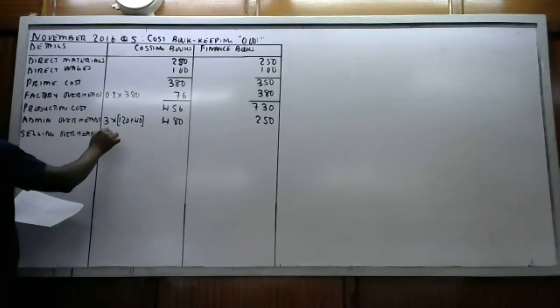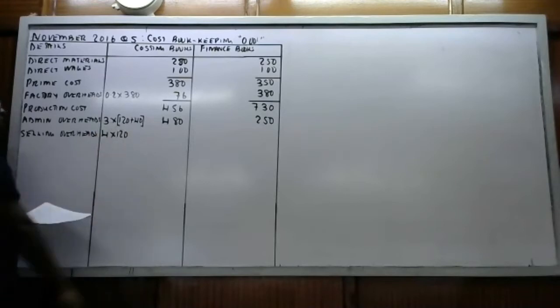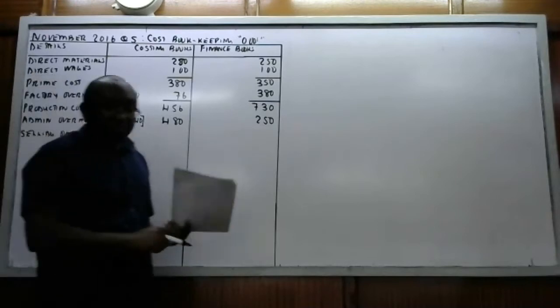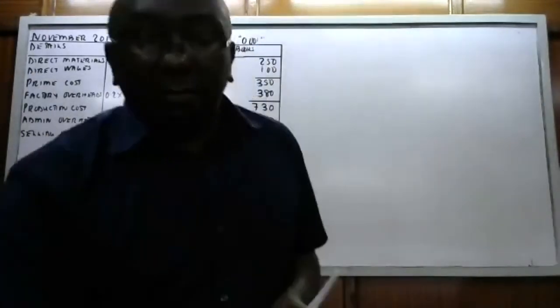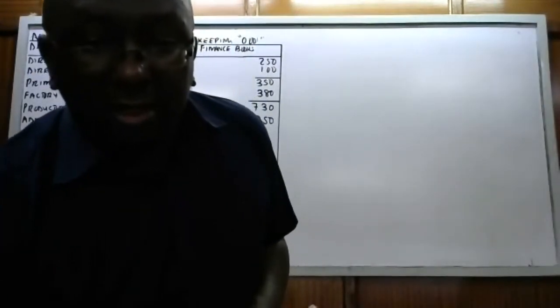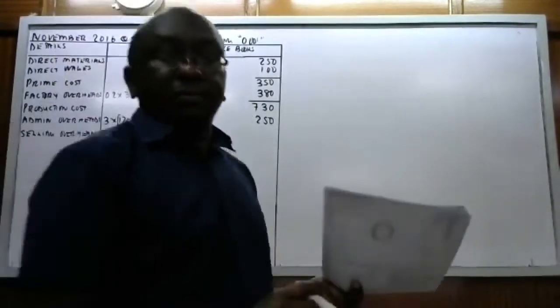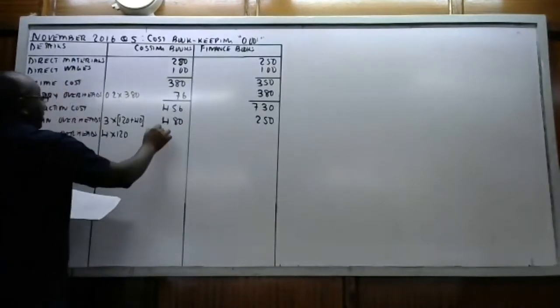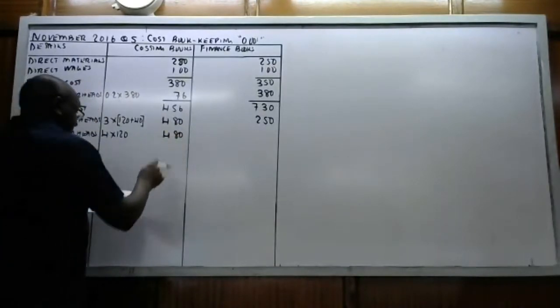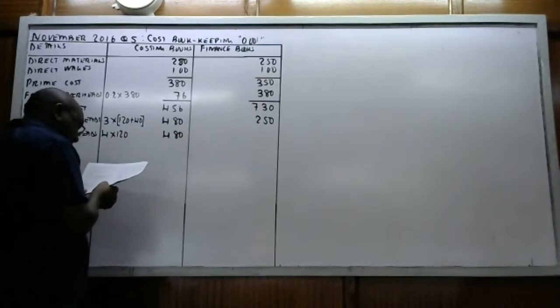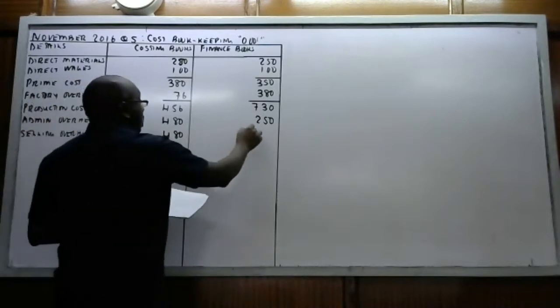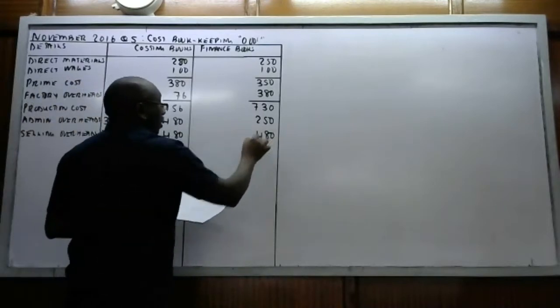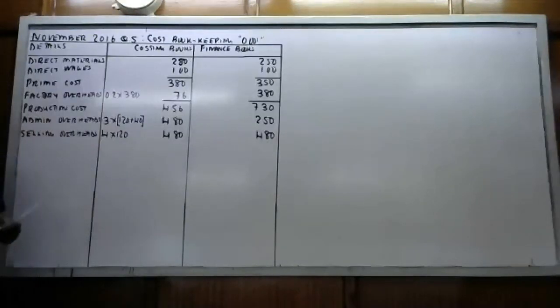So it will be 4 times 120, which is 480. But in finance, the selling is also 480. You can be typing your answers, Abigail. I'll be able to see them.